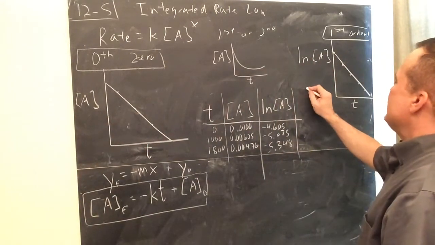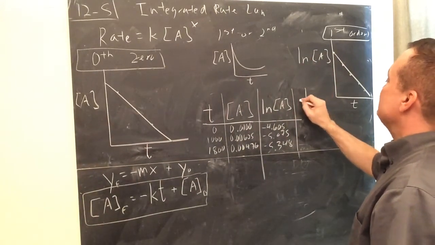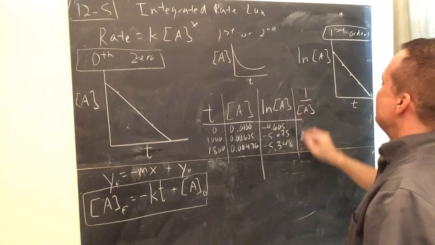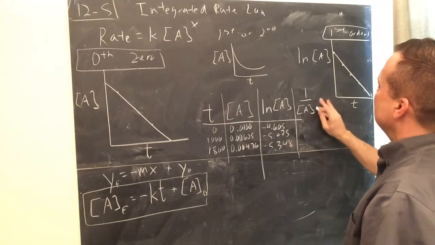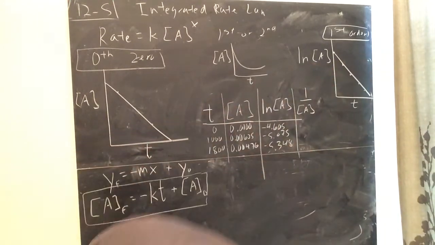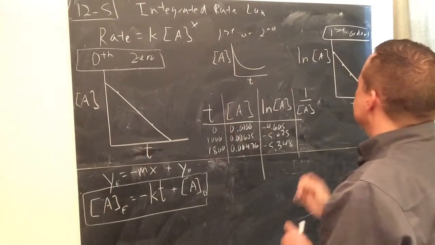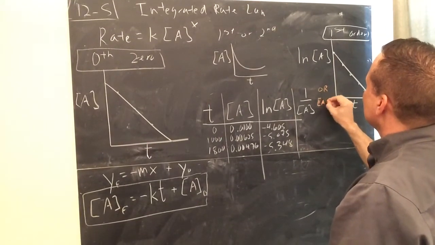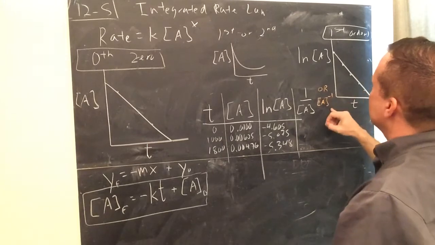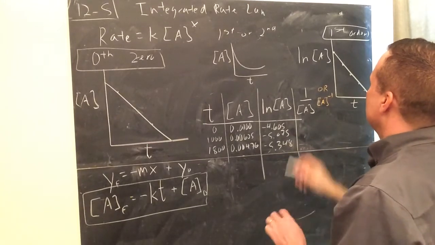You'll take 1 divided by A. Now another way to write that is A to the negative 1 power. So concentration of A.